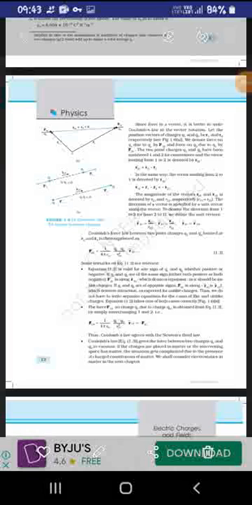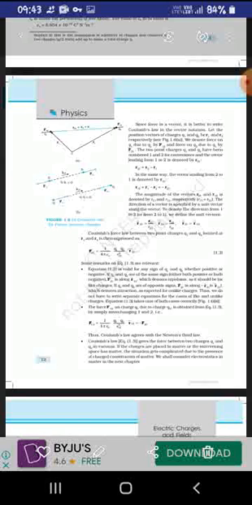The next point: since force is a vector quantity, it is better to write Coulomb's law in vector notation. So we write r12 is equal to r1 minus r2, which is equal to minus r21.